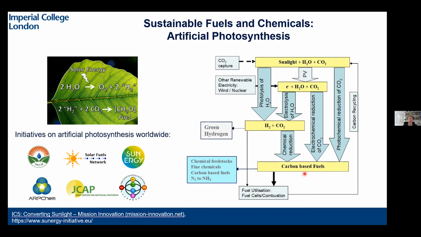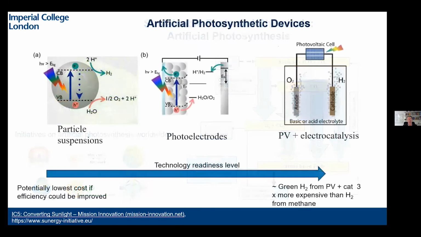I'm going to focus particularly on this middle challenge here of trying to split water into hydrogen and oxygen, either directly using electrons or by using sunlight to drive the photolysis. Another way of viewing that, in terms of how we could configure systems, is that, of course, we can take a solar cell and couple it to an electrolyzer to split water into hydrogen and oxygen.